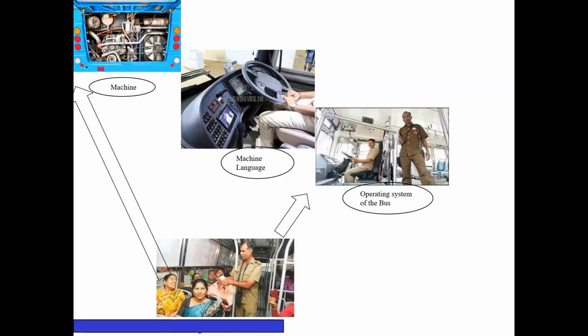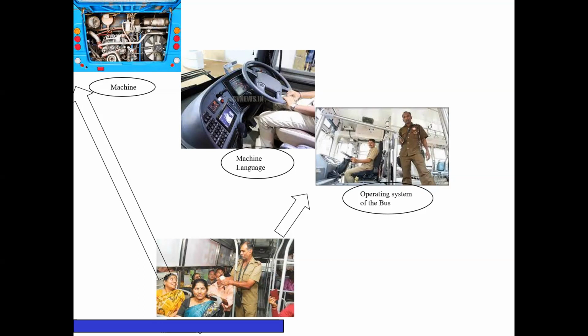If you want to use a bus for traveling, on top of the hardware of the bus we need two applications, I can say, called the driver and conductor. These two applications will permit you to use the bus. When you get into the bus, even though you are using the machinery of the bus, you are not directly communicating with it.